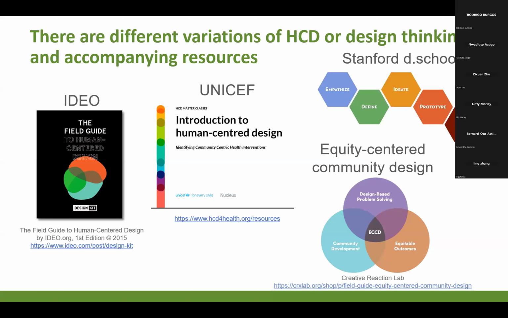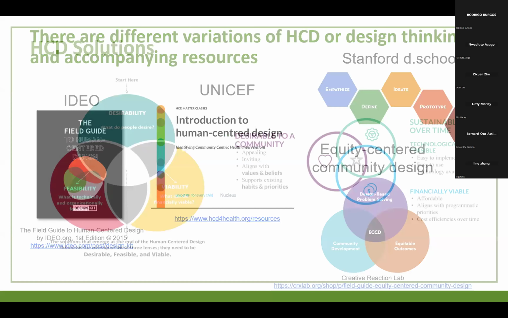For this, they put together principles of community development, the approaches and tools of design-based problem solving, and then added a focus on equitable outcomes. And they came up with this equity-centered community design. So it would also be of value to you to explore this guidebook.